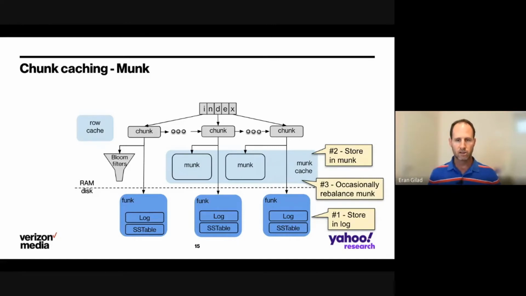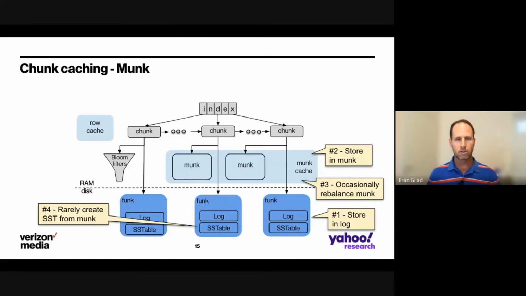Occasionally, we rebalance the munk, which means we get rid of obsolete data and better arrange it for fast lookup. And rarely, we flush the munk to disk and create a new SS table. This is just required in order to be able to flush the log and clear the log. Since this table is on disk, once we persist the data in the SS table, we can get rid of the log.